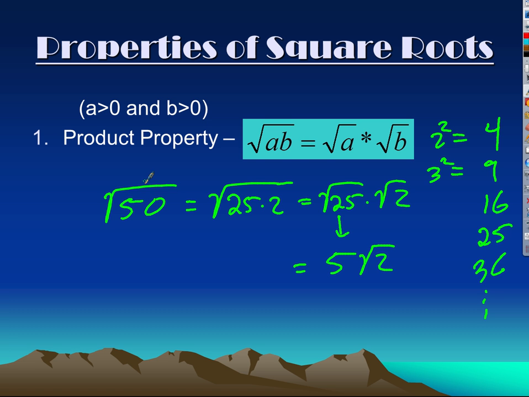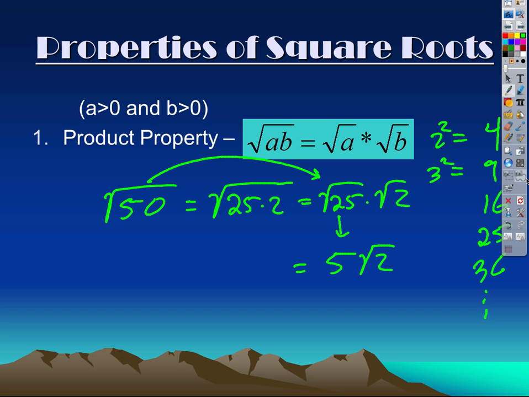Honestly, you can just skip this step. Just skip up to that step right there. Then we turn the square root of the perfect square into just a whole number. Done. And then we're stuck with whatever the other factor was. Okay? And you'll get practice. There are a lot of problems like that on the assignment.